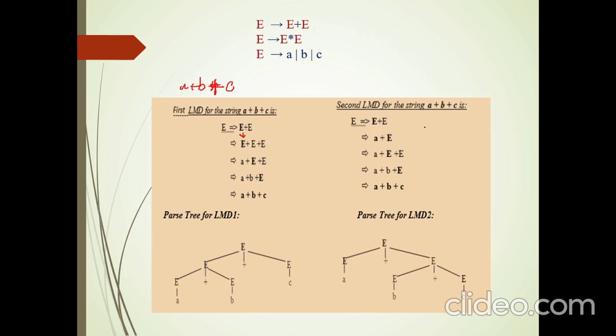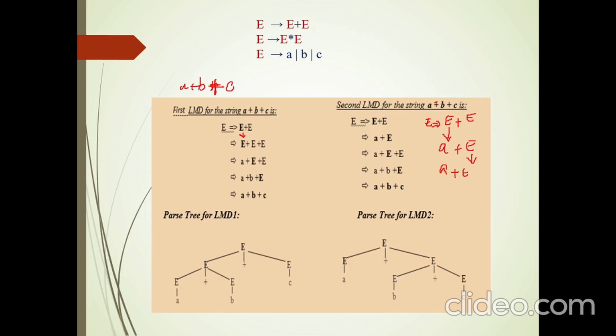Similarly here, I started with E gives E plus E. I have not replaced it again by E plus E. Instead of that, I have replaced this E by the first character of the input, that is A. A plus E. Now, what will this give me?